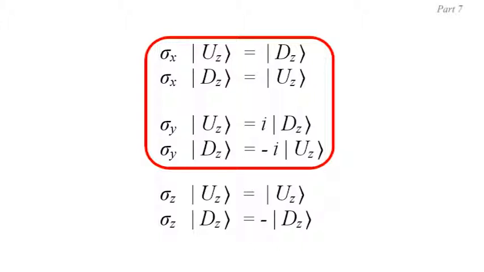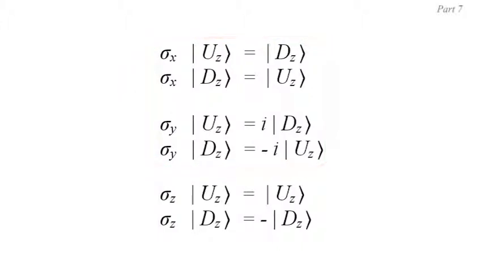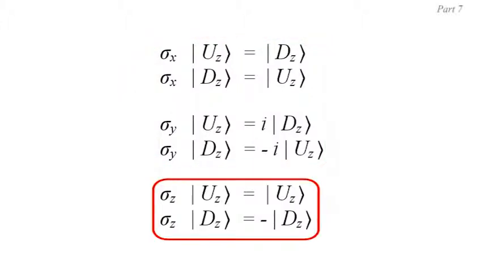They change the mathematical description of a state from up to down or from down to up, and sigma y throws in an I or two as well. On the other hand, sigma z on the up and down states does exactly what you'd expect it to do. It makes a measurement in both cases. It gives the same state afterwards but multiplied by a real constant, +1 or -1, the measurement.